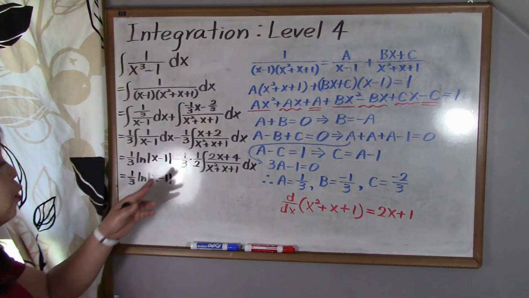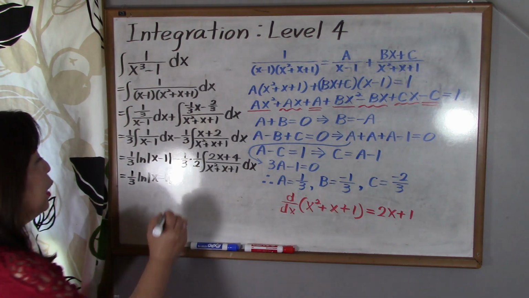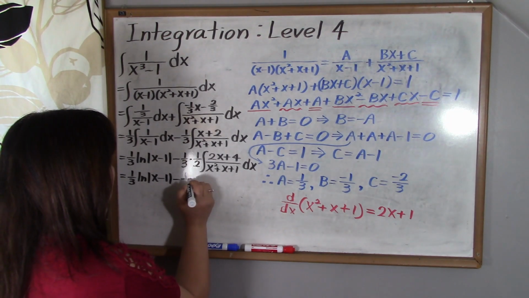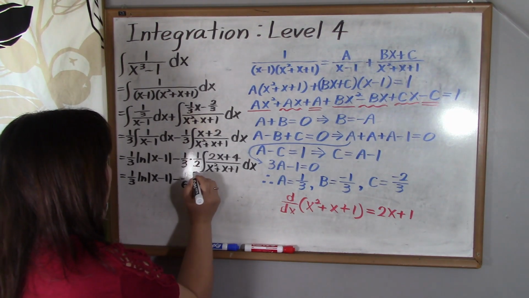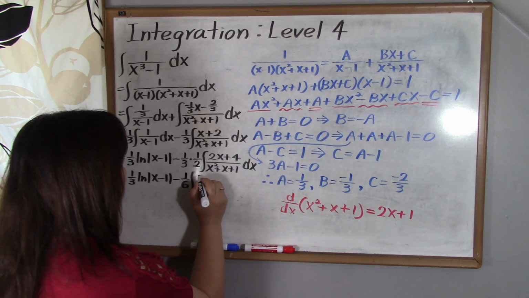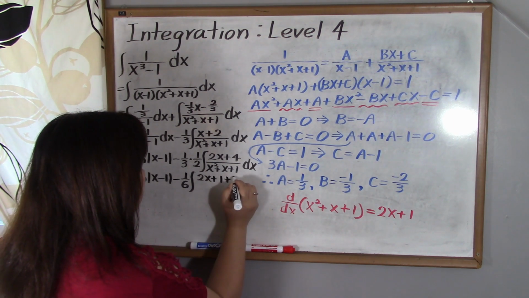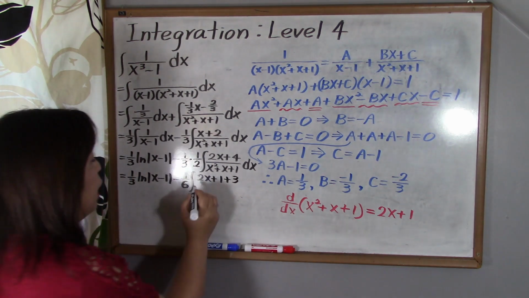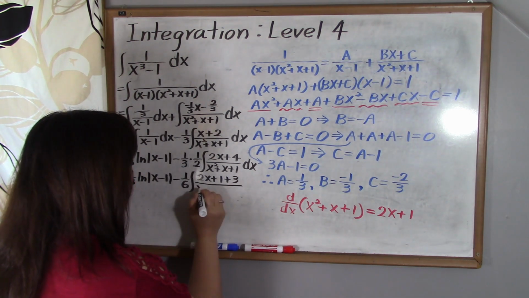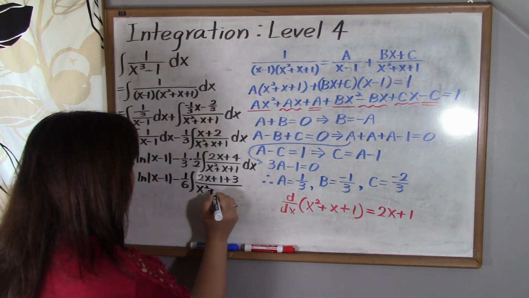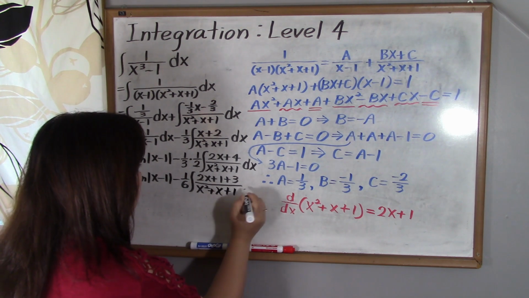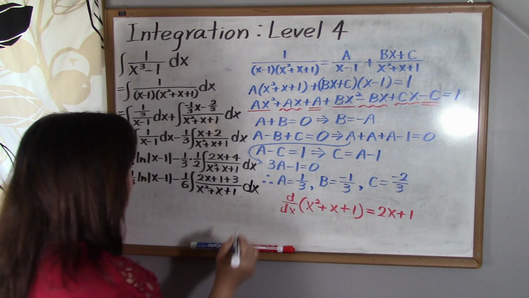And then negative 1 over 3 times 1/2 is negative 1 over 6. And the integral of 2x plus 1 plus 3, okay? All over x squared plus x plus 1 dx.